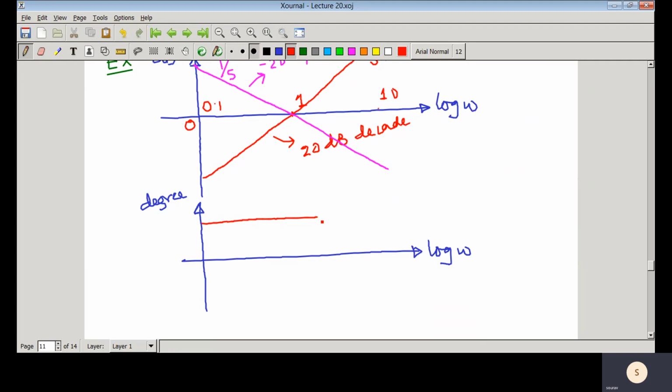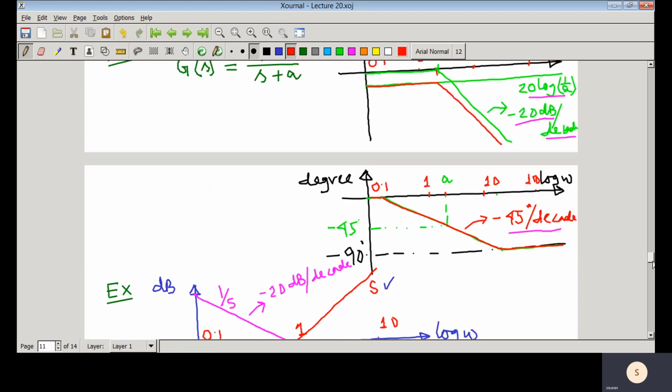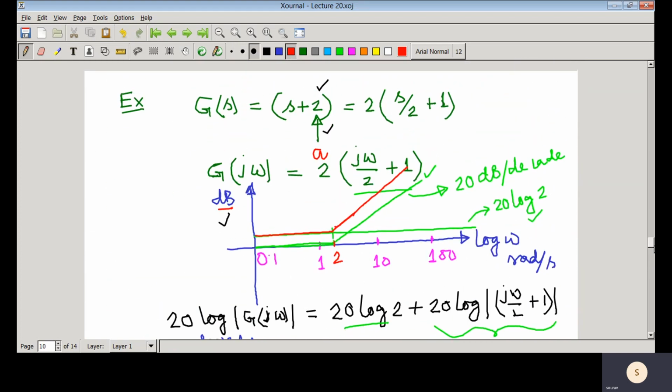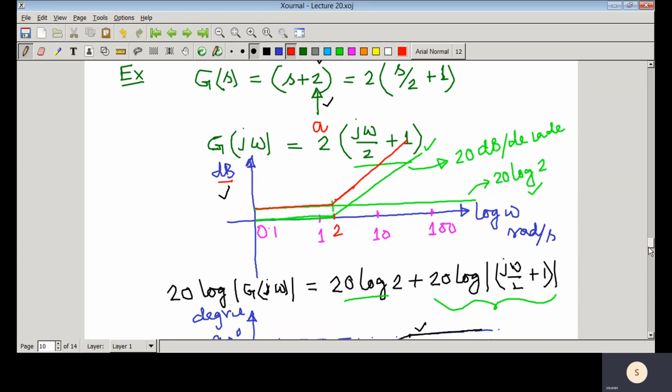This is the plot for S, and for 1 by S, that is the plot for 1 by S, and here the angle is minus 90 degrees. So these are the plots of the individual factors we have shown. These all are the asymptotic Bode plots.